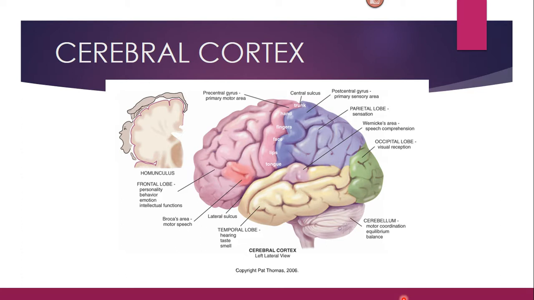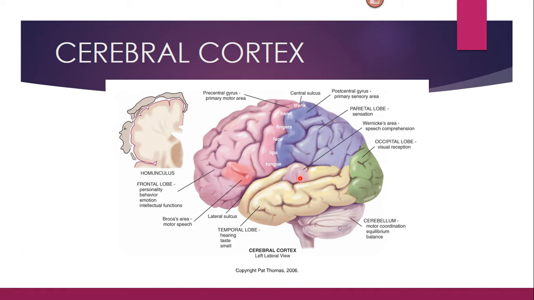And just to make note, I think it's important to know what each lobe is responsible for. Our frontal lobe, which is here, is responsible for our personality, behavior, emotion, intellectual functions, and within that lobe we have Broca's area, which does motor speech. Then here we have the parietal lobe, which does sensation.